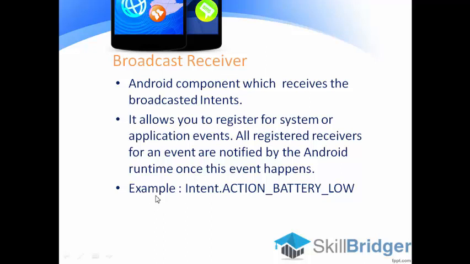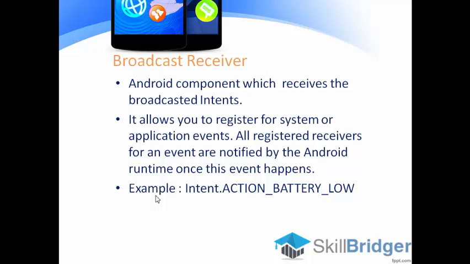It means I have designed one application, and in this application I have designed one broadcast receiver. A broadcast receiver is similar to your activity or service. It's a component. You will have one class and it extends the BroadcastReceiver class.